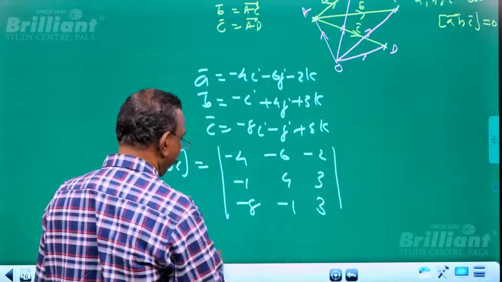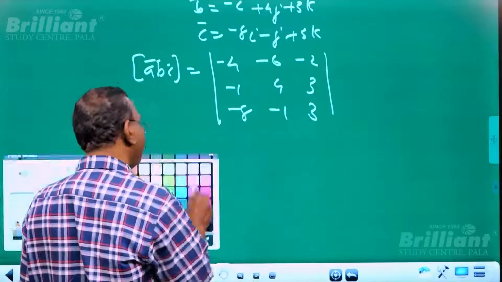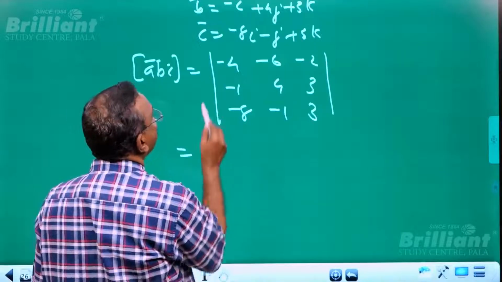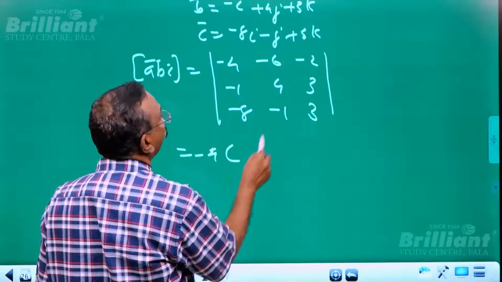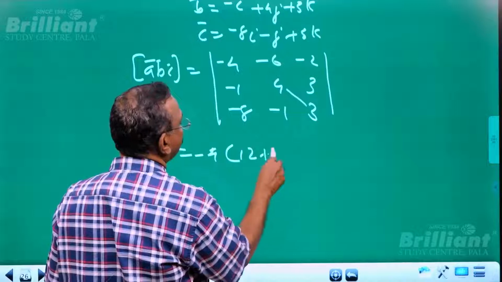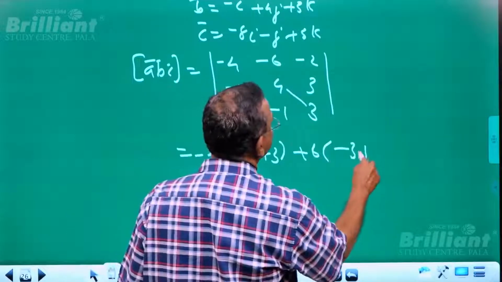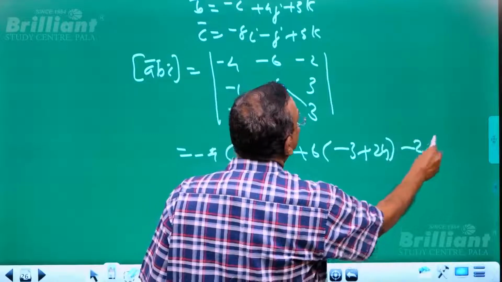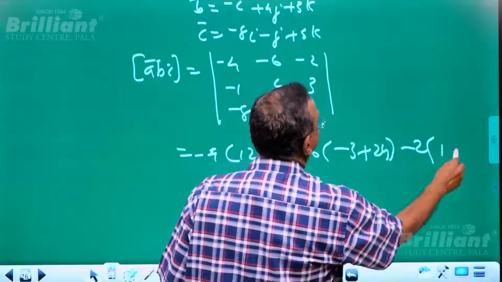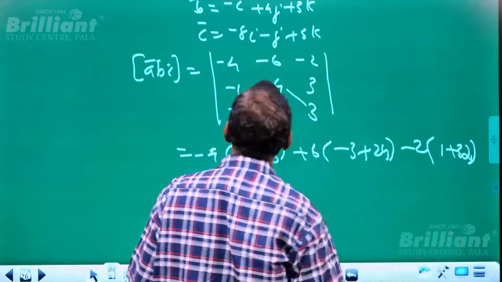Now you expand the value of the determinant in any way you know. So I put minus 4 into (12 plus 3), plus 6 into (minus 3 plus 24), minus 2 into (1 plus 32).